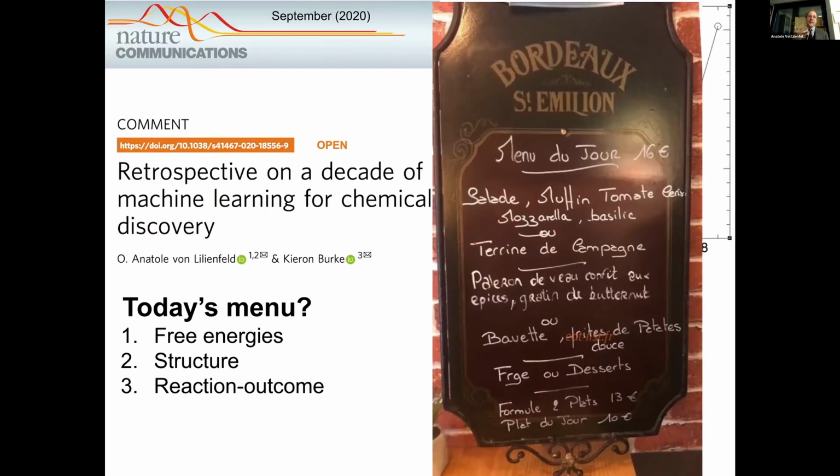What I would like to tell you now is a set of recent papers that we published. They all came out this year, and in particular, we used machine learning to look at free energies of solvation. We try to predict the 3D structure of molecules and also solids. And we also used machine learning to try to predict chemical reactions, in particular reaction barriers.